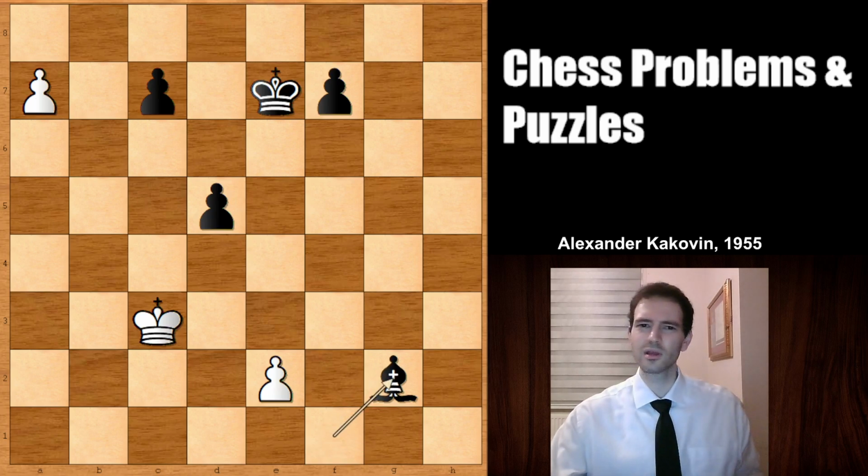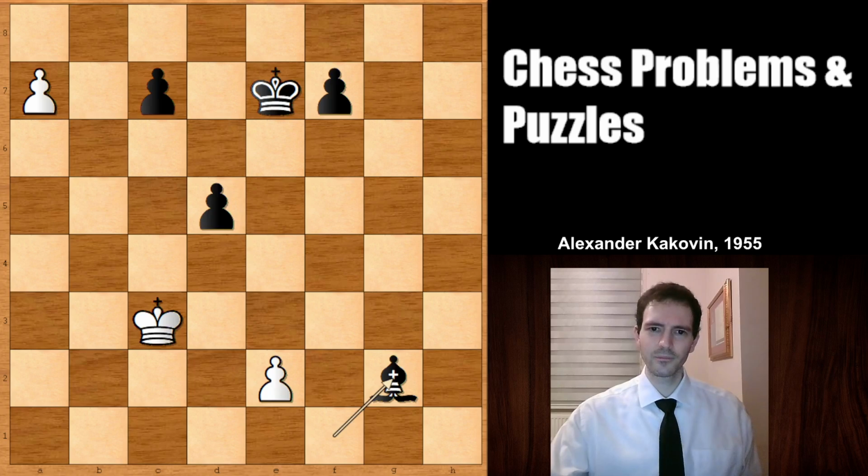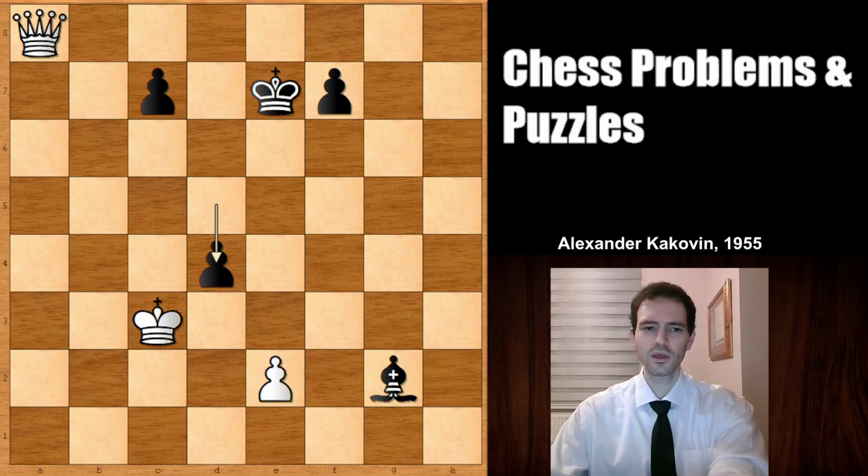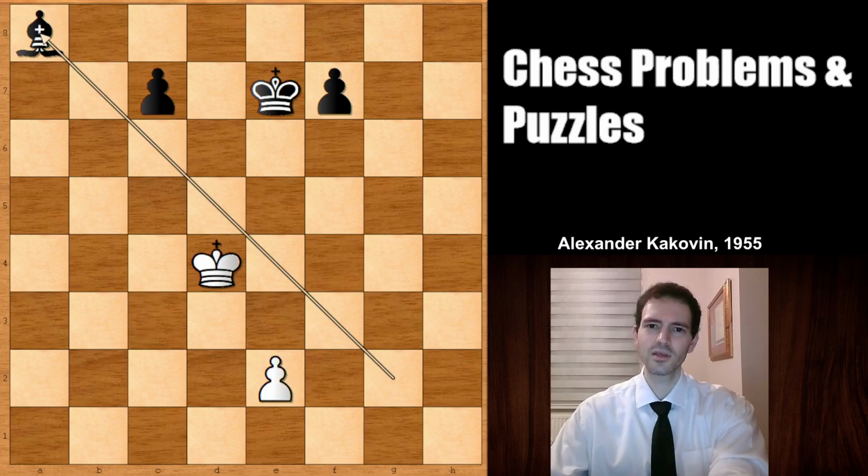Can you see the threat? If white pushes the pawn and promotes the queen, then black is going to push the pawn with check and capture very easily. Let's say if promoting the queen, then pushing the pawn, check, king takes, and then bishop takes queen. That's a discovered attack on the queen while checking the king.